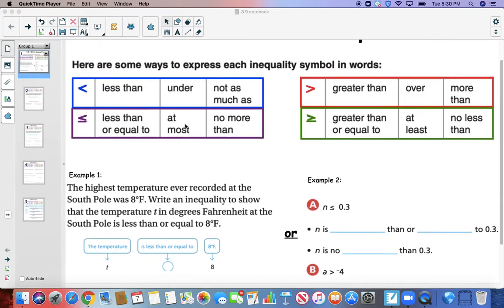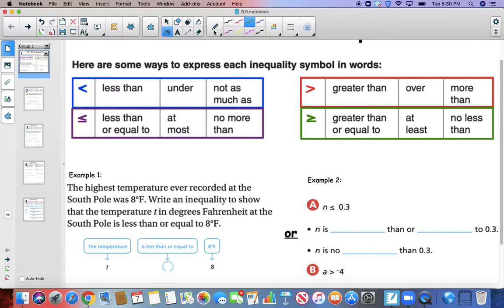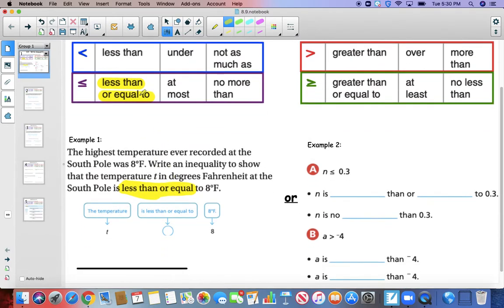So what I want you to do is look for these keywords. I'm going to grab my highlighter. I'm seeing the keywords less than or equal to, and I see that up here. So now I'm going to have that in the middle, and I'm going to use it to compare my variable to the numbers that they gave.